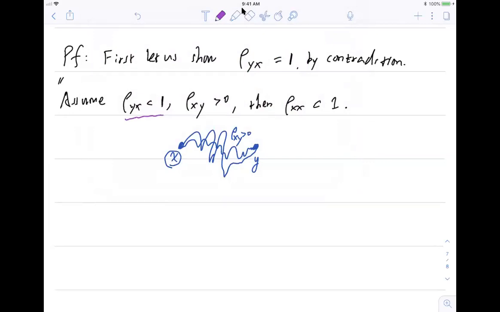Rho y x less than 1 means there are paths going from y to x, but since this is less than 1, there are certain possibilities, starting from y, that you never get back to x.